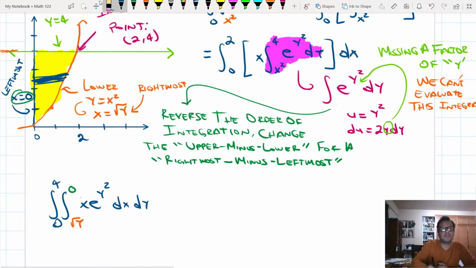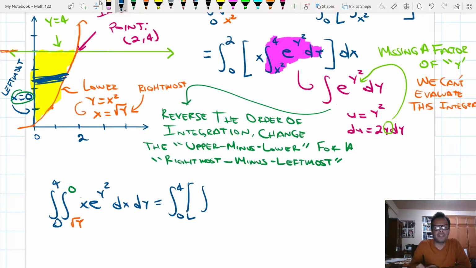Now, as usual, integral from 0 to 4, big bracket, the integral from square root of y to 0 of x e to the y squared dx times dy.